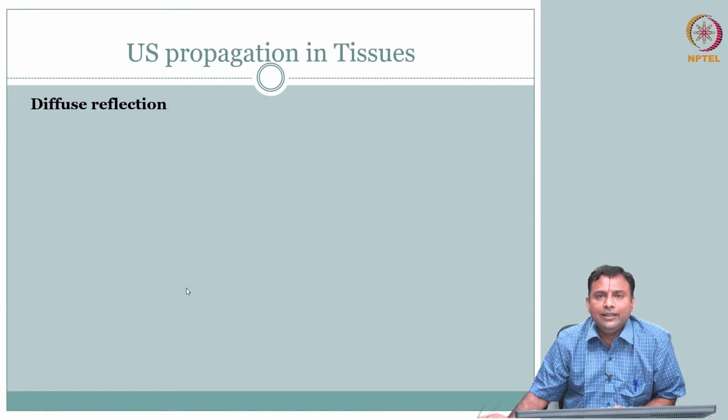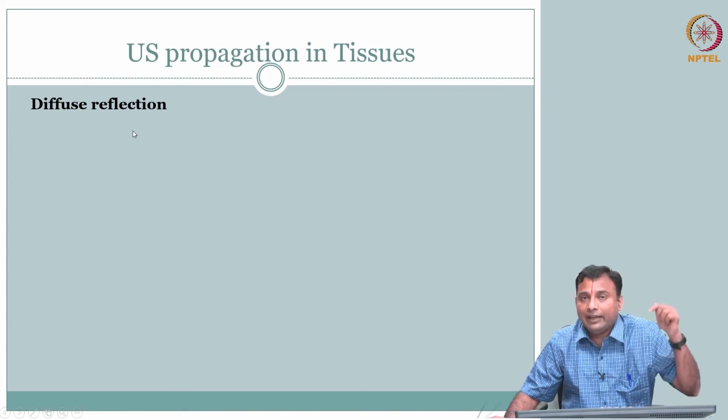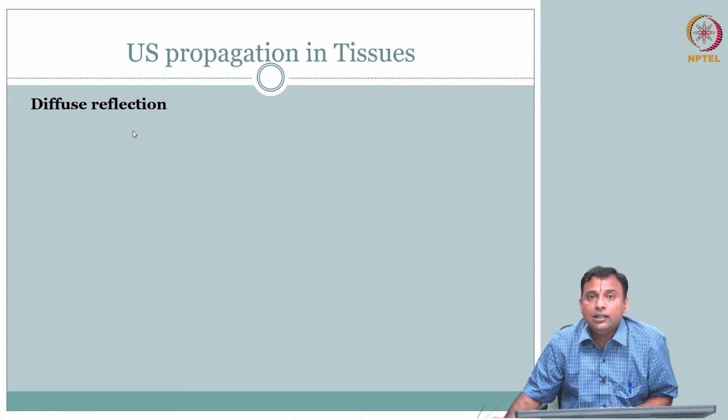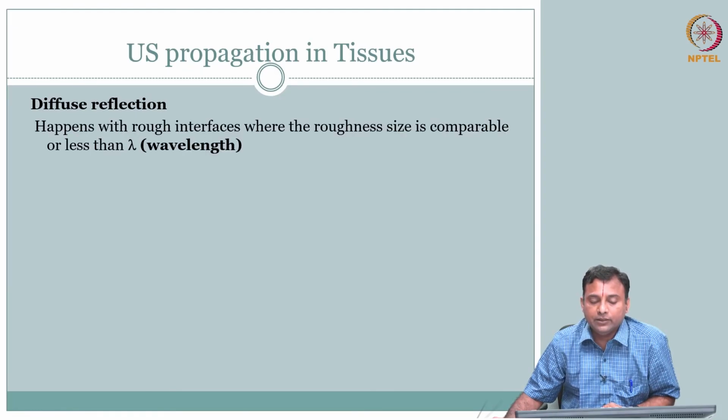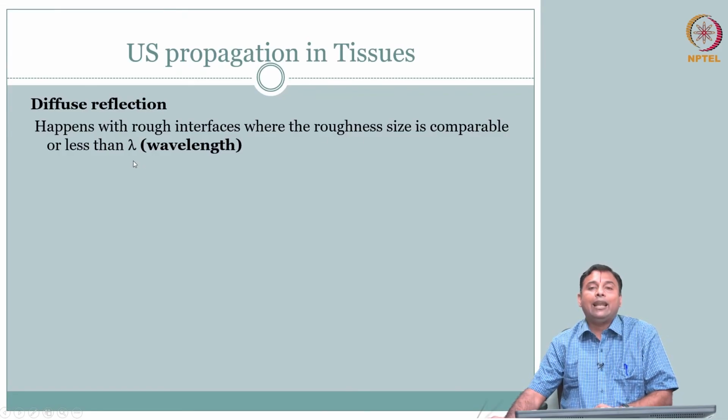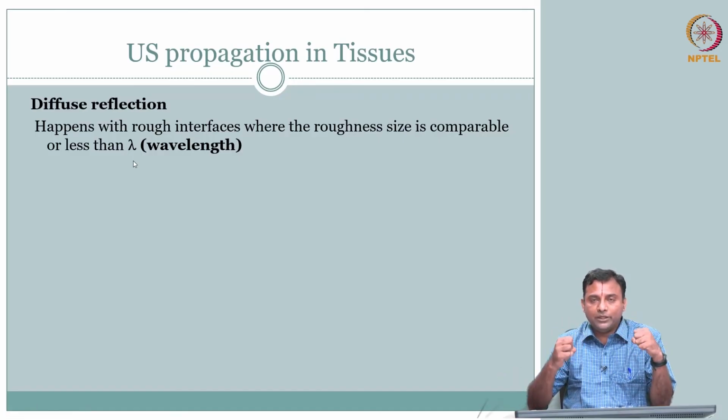Last but not least, very important, we talked about scattering. We talked about reflection, theta I equal to theta r, and a smooth interface. Now what happens if you have a rough interface? What do we mean by that? Roughness is a size comparable to or less than lambda, the wavelength.